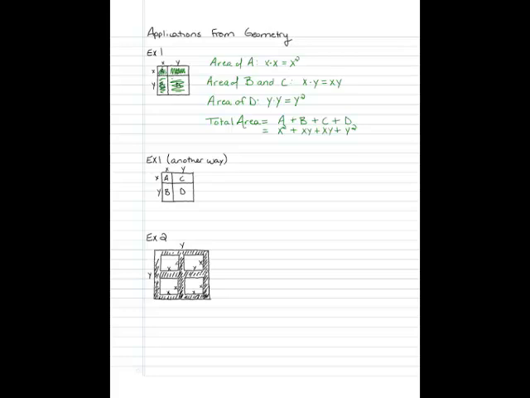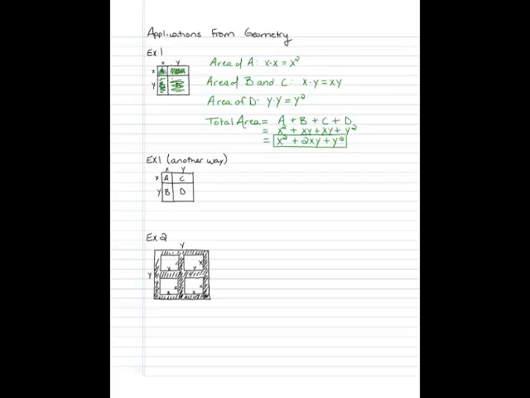Now we just need to see if there are any like terms. Here we have xy and xy. So x squared plus, combining those like terms, 2xy plus y squared gives us the area of this figure.